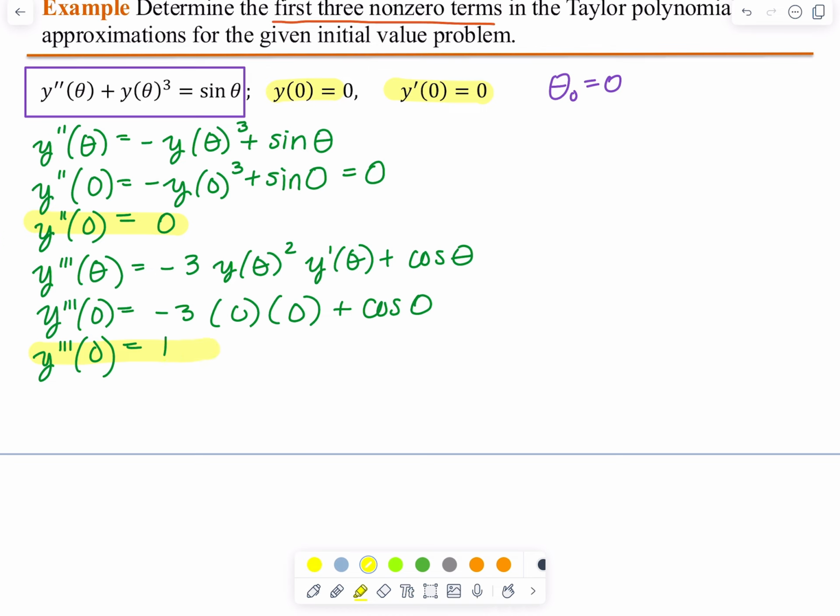We'll go ahead and find that fourth derivative of theta.